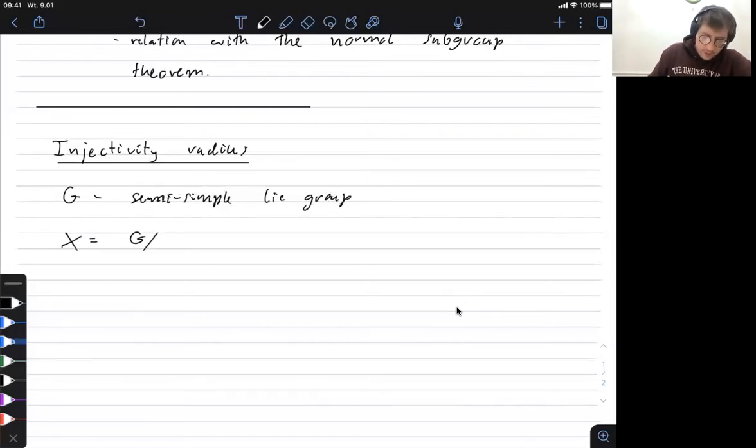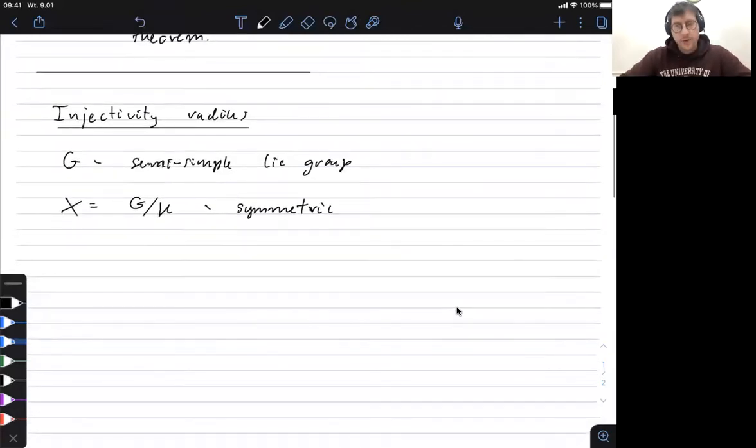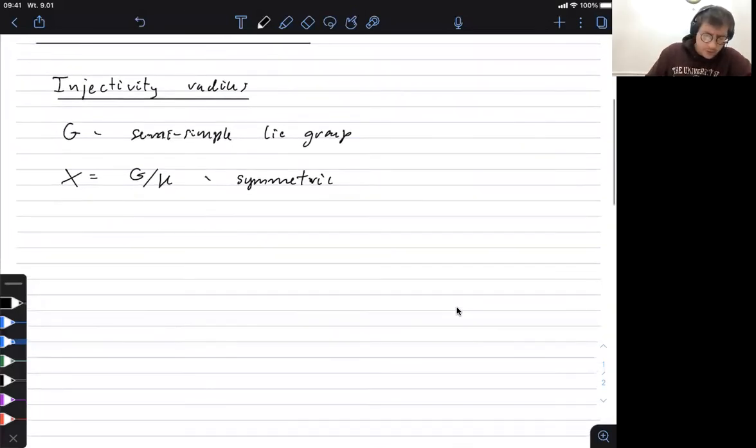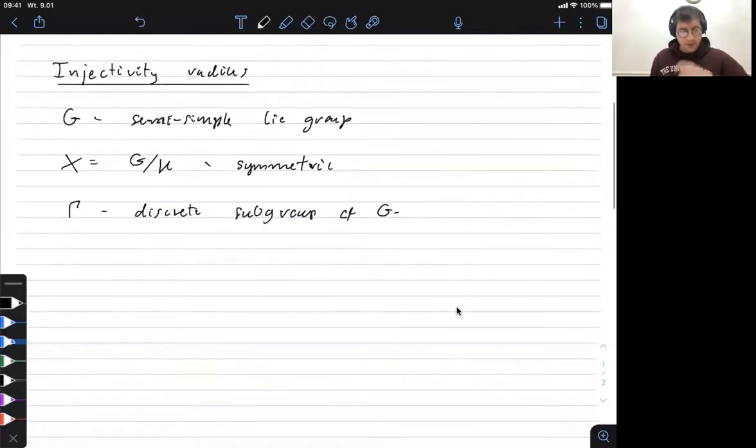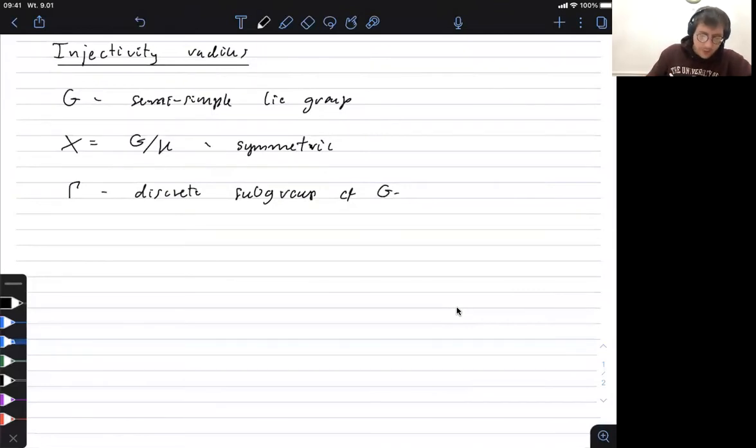X will be a symmetric space associated with G. For now, we don't have to assume that G is of higher rank. We'll do this later. Gamma will be a discrete subgroup of G. Whenever we have such a group gamma, we can look at the quotient of X by gamma, and this is a locally symmetric space.